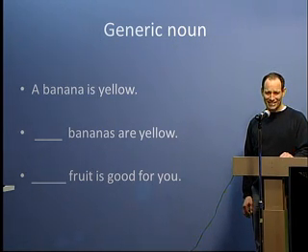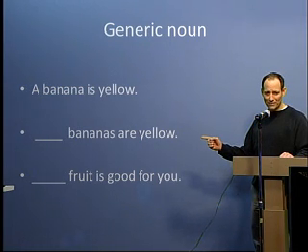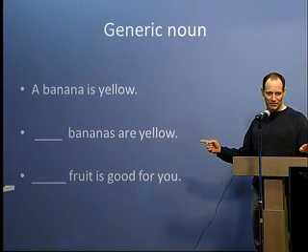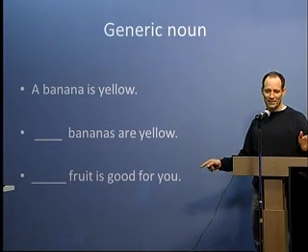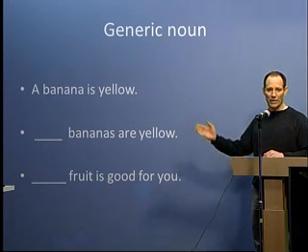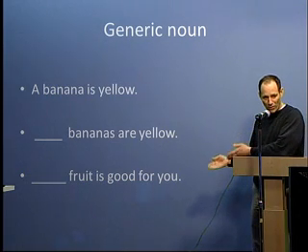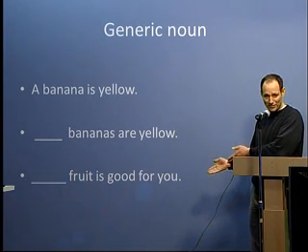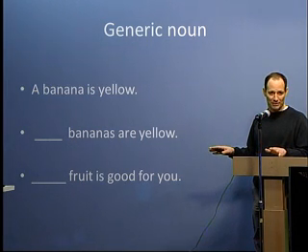If you look at the second sentence there, bananas are yellow, there's no article there. And in the third sentence, fruit is good for you, once again, no article. So when I have a generic noun, and it's plural, or it's non-count, fruit is a non-count noun, we do not put an article in front of that.